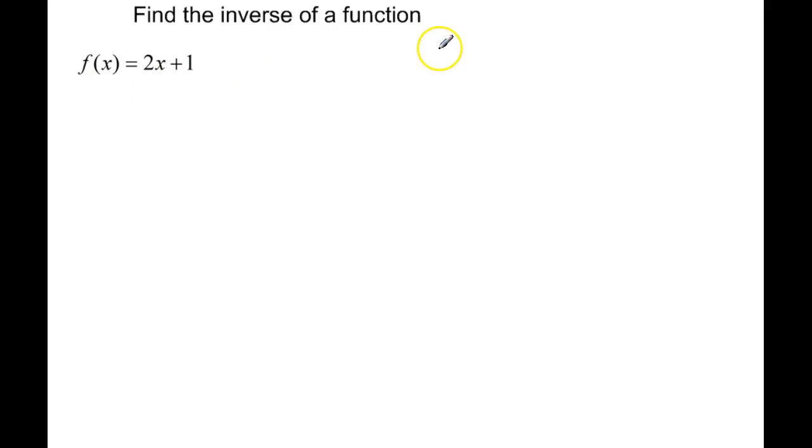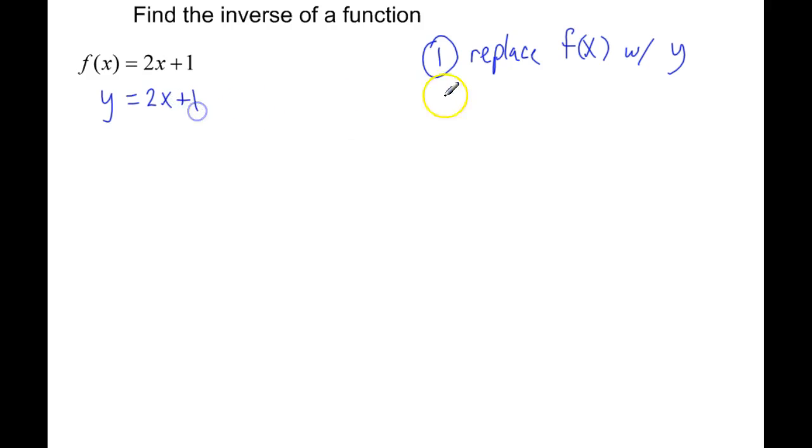So first step, replace f of x with y. So y equals 2x plus 1. Then you do the big idea of inverses, which is switch all the x's and y's.